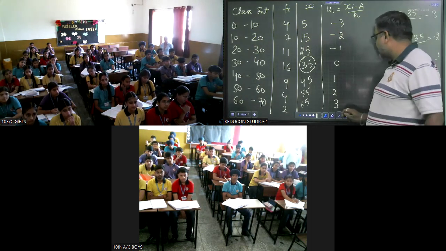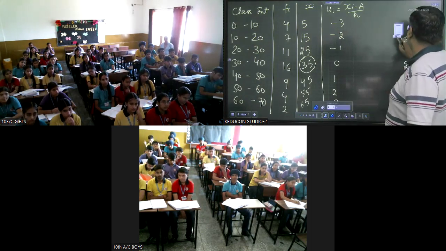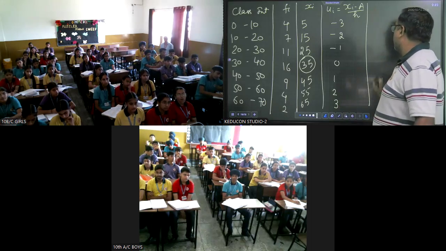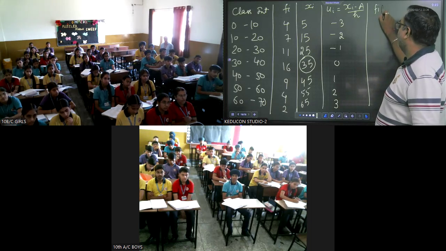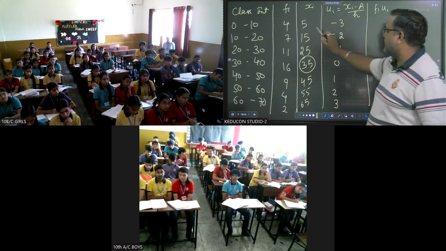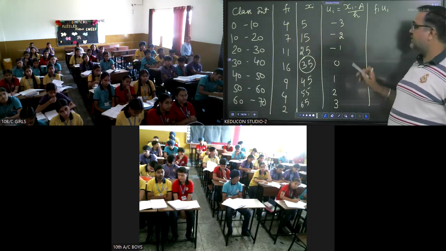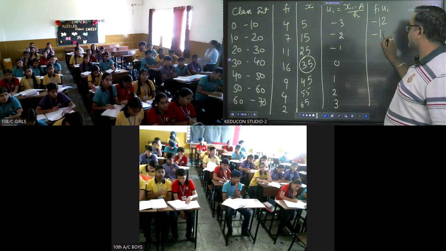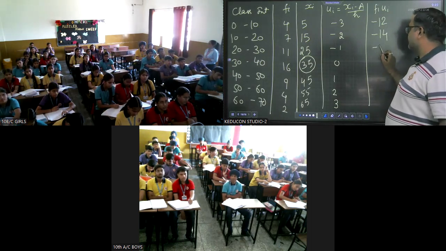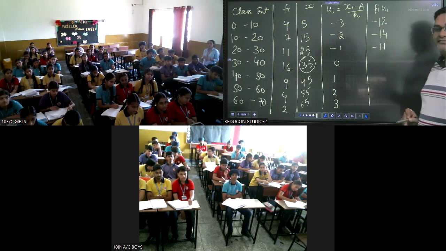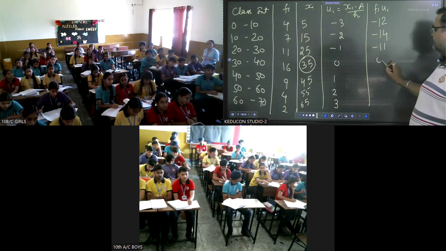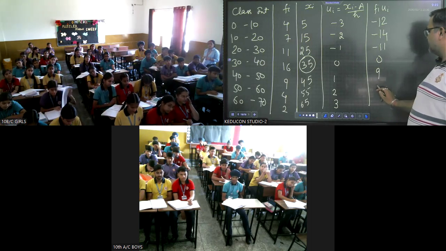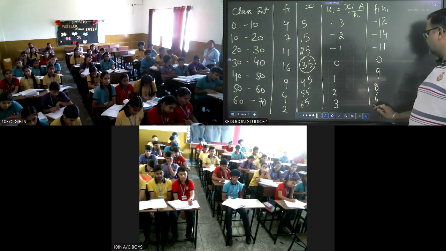Yes. Now the next step is fi ui, the product of frequency and ui. What does it become? Minus 12, minus 14, minus 11, 0, 9, 6.